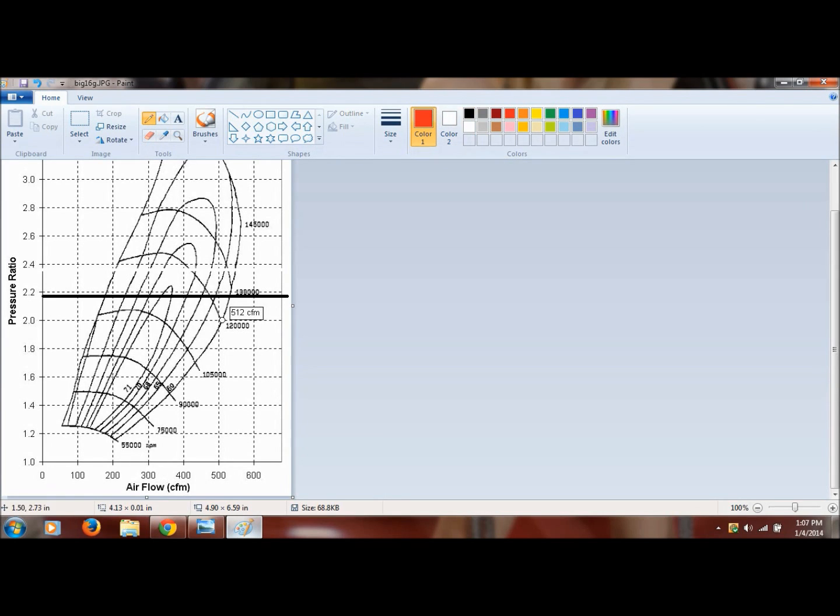Bear with me. I don't know what I'm doing. I don't know how to use Paint so well. Very sorry. I want to do red. And I want to do the line tool. And we were doing 2.36, which is right around here.